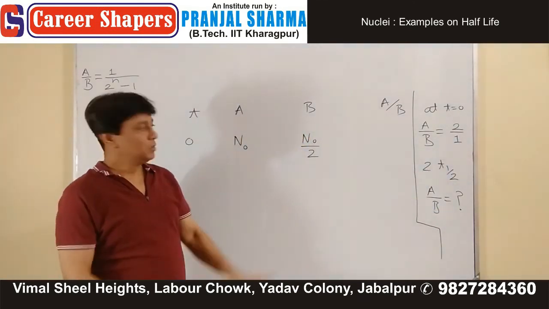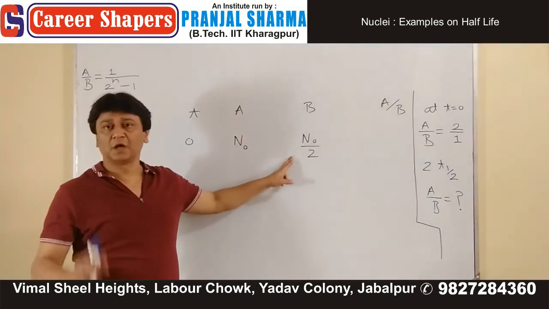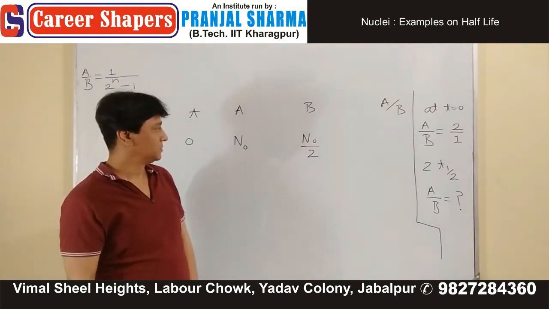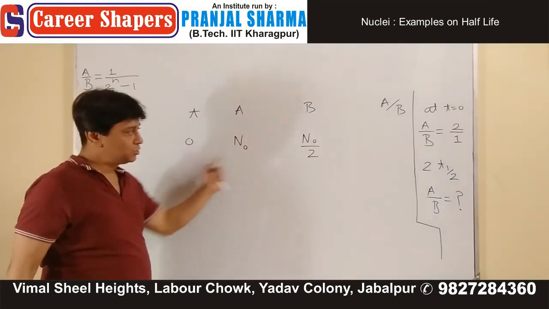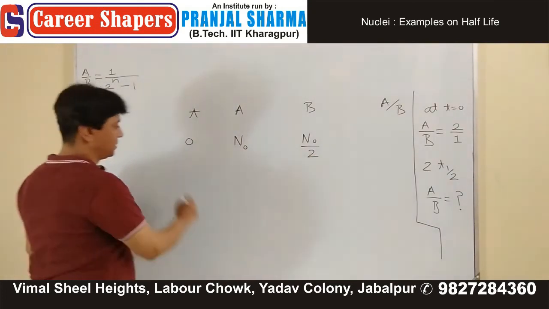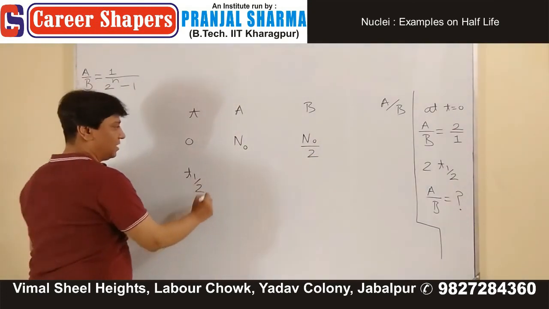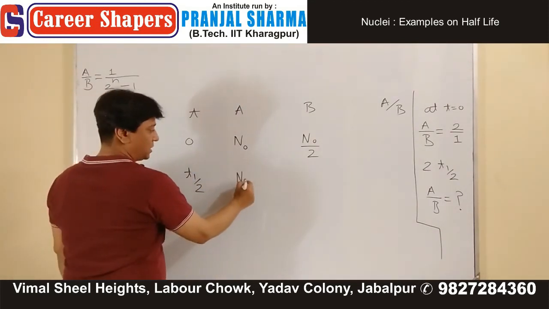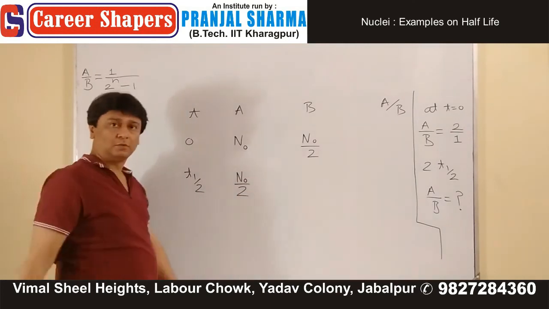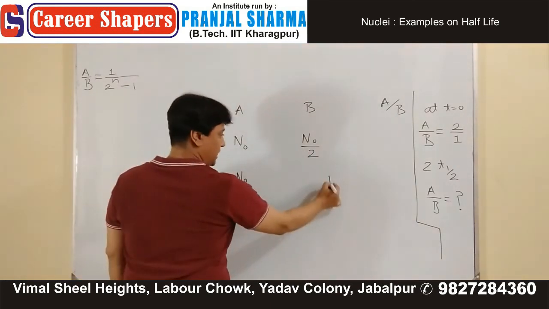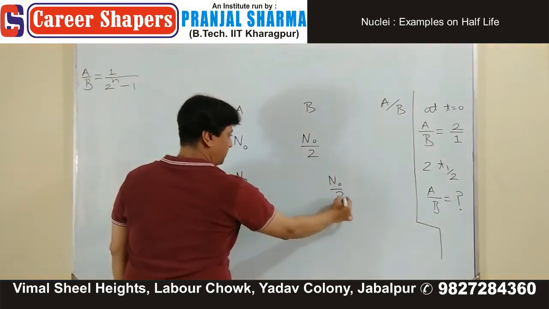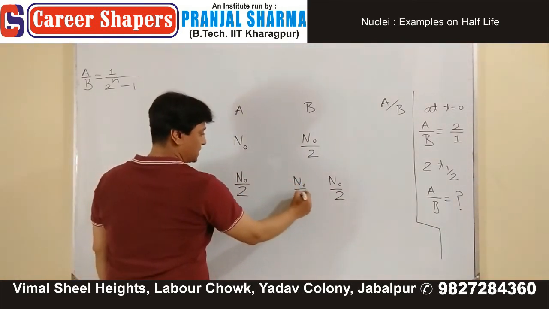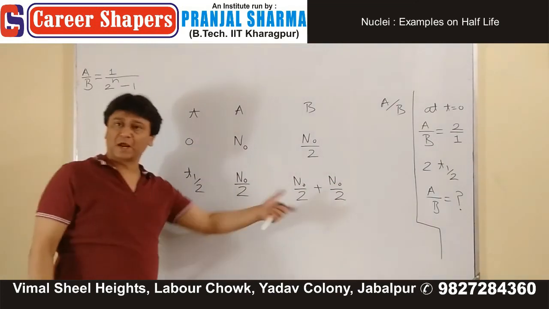Somehow these many B's are already present in the sample. Now, once you have this idea, after 1 T half, this N0 becomes N naught by 2. This N naught by 2 is already present and half N naught by 2 are coming from this side. So you add them together.